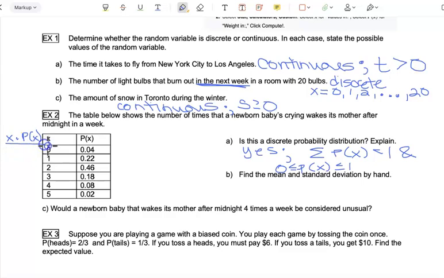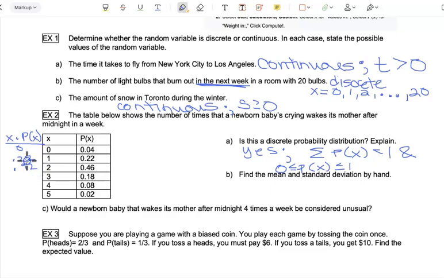For each x times p of x, well, 0 times anything is 0, so we're good there. 1 times anything is itself, so those first two are super easy. A lot of these, you don't even need a calculator for. You can double 0.46 pretty easily as well. So that gives us 0.92.